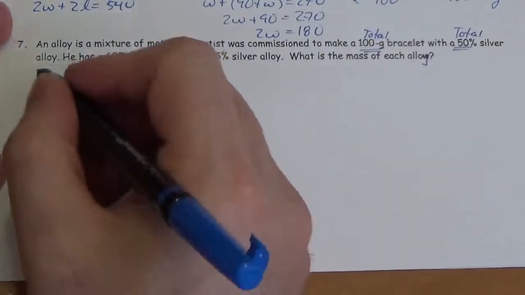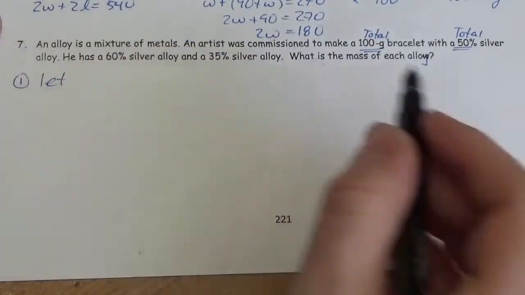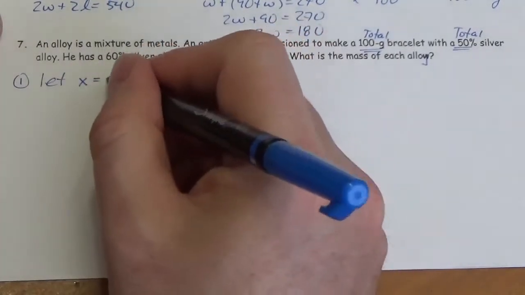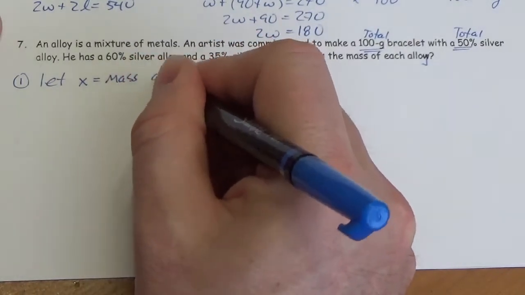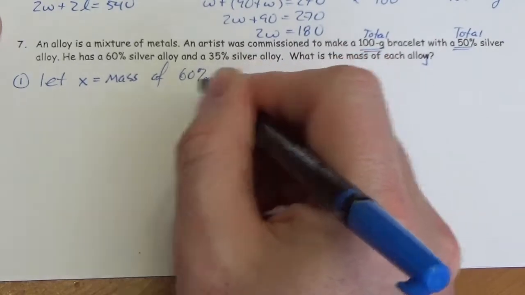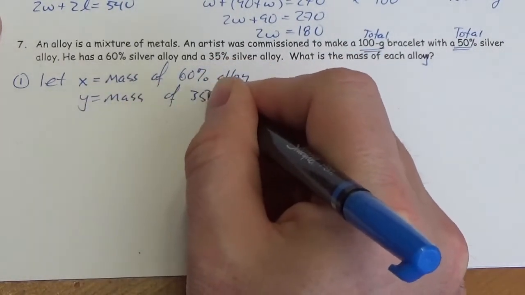So now my step 1 here is going to be, and I don't really have any reason to choose one variable over another, so let's use x and y again. Let's let x be the mass of, I don't know, let's say the 60% alloy. And we'll let y be the mass of the 35% alloy.